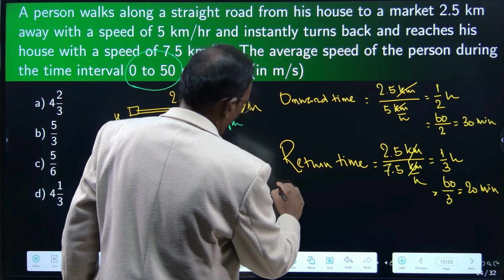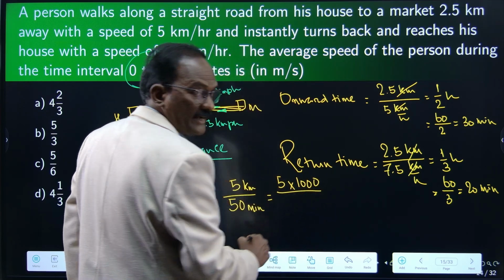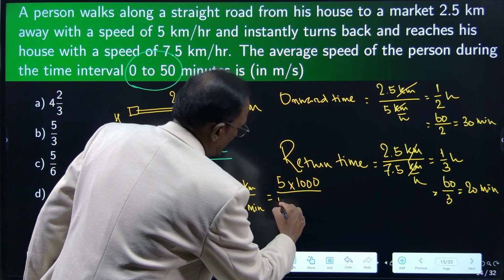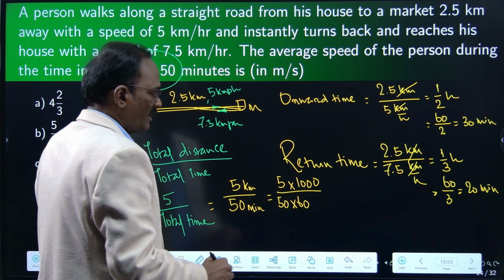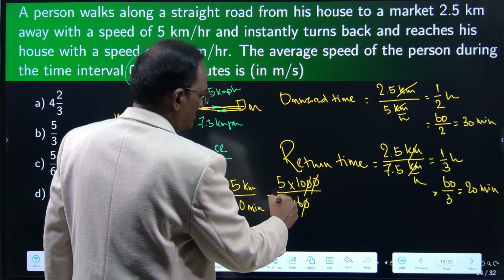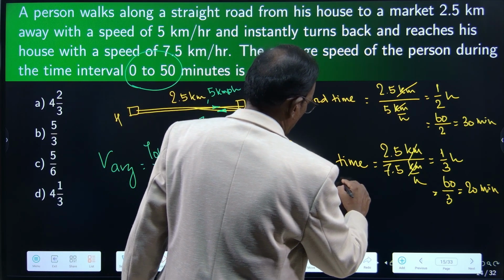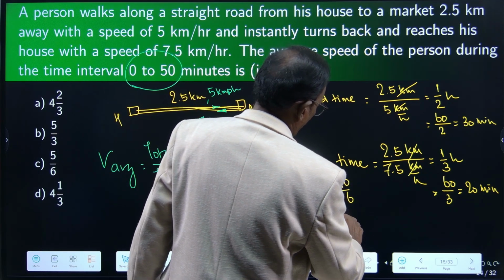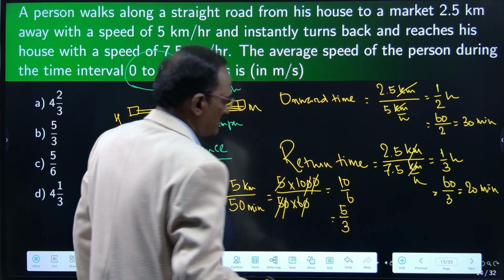So 5 kilometer is written as 5 into 1000 meter, and 50 minutes is written as 50 into 60 seconds. Cancelling the zeros, we get 10 by 6 meter per second, or 5 by 3 meter per second. The answer is 5 by 3.